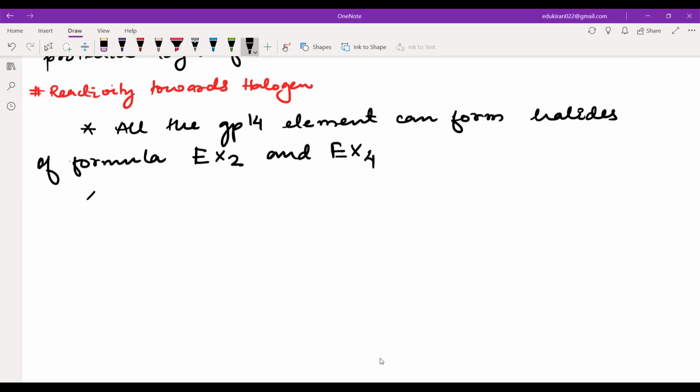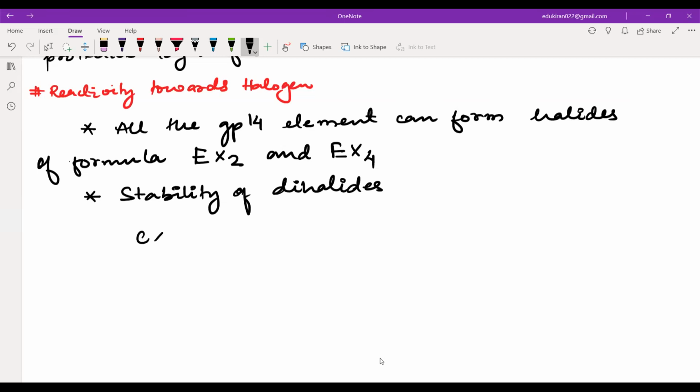Right, next point. When you have EX2 and EX4, if I talk about the stability of dihalides, then as we go lower in the group, the stability of dihalides will increase.